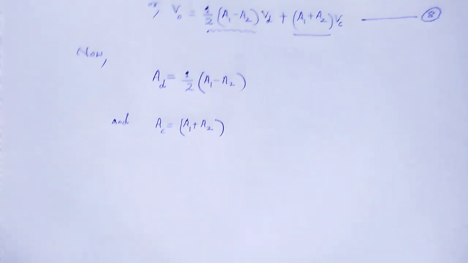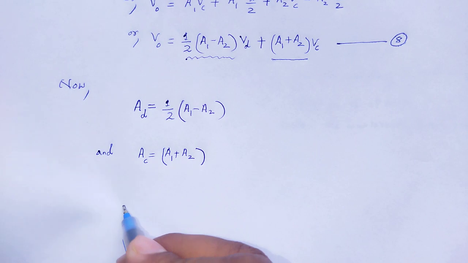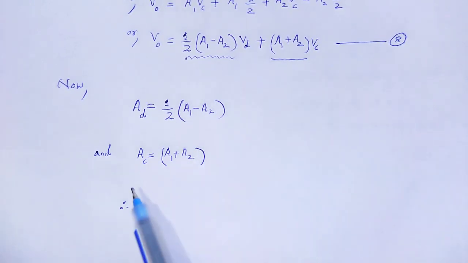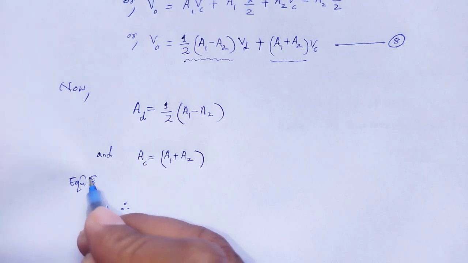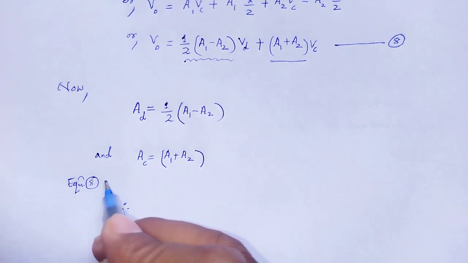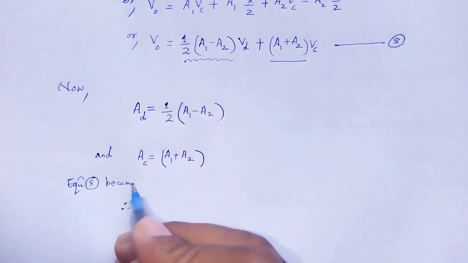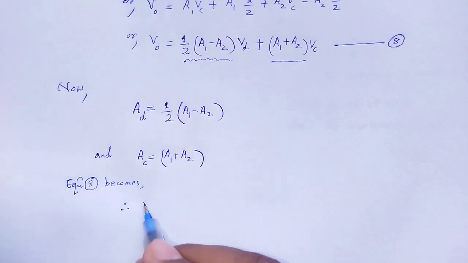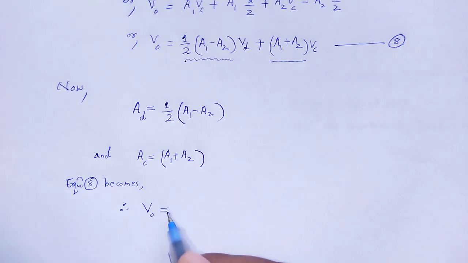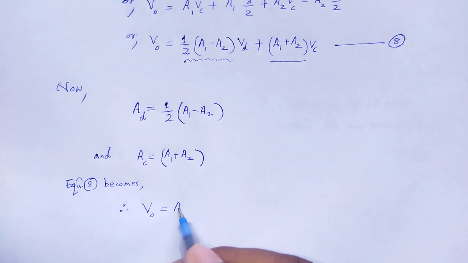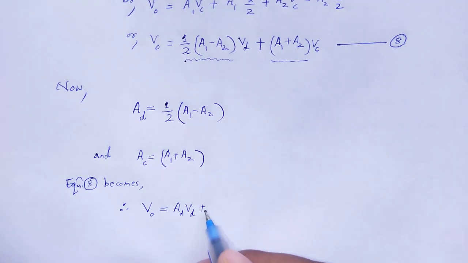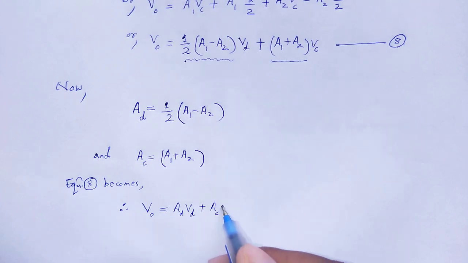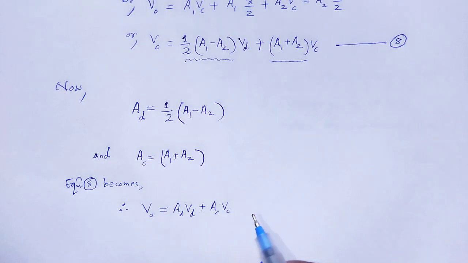Therefore equation number 8 becomes V output is equal to AD VD plus AC VC.